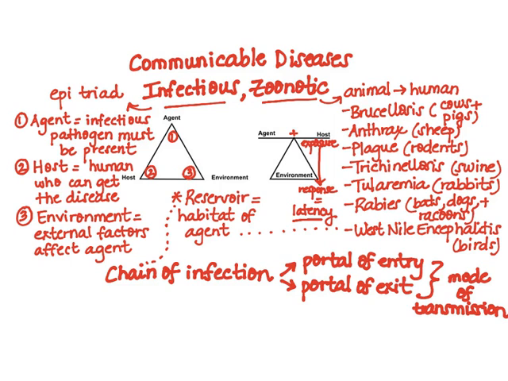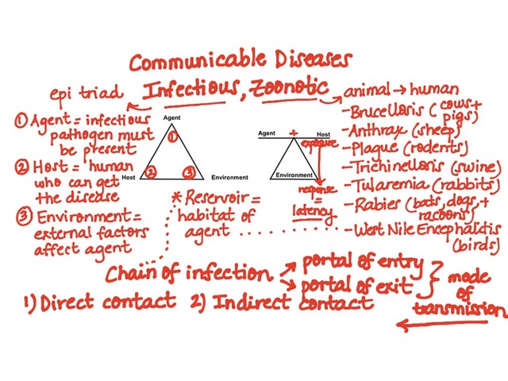From here, we have different modes of transmission that occur depending on the disease. Here, an infectious agent may be transmitted from its natural reservoir to a susceptible host in two different ways that can be further subcategorized, one being direct contact and two being indirect contact.